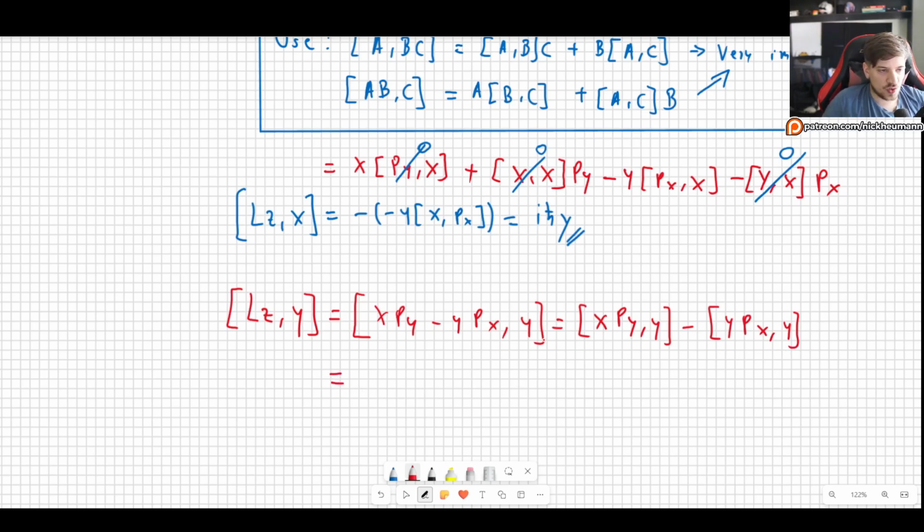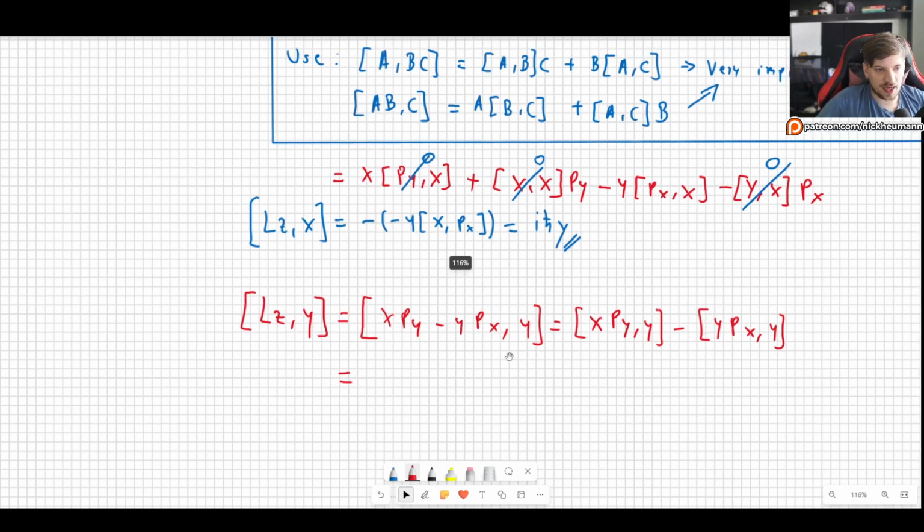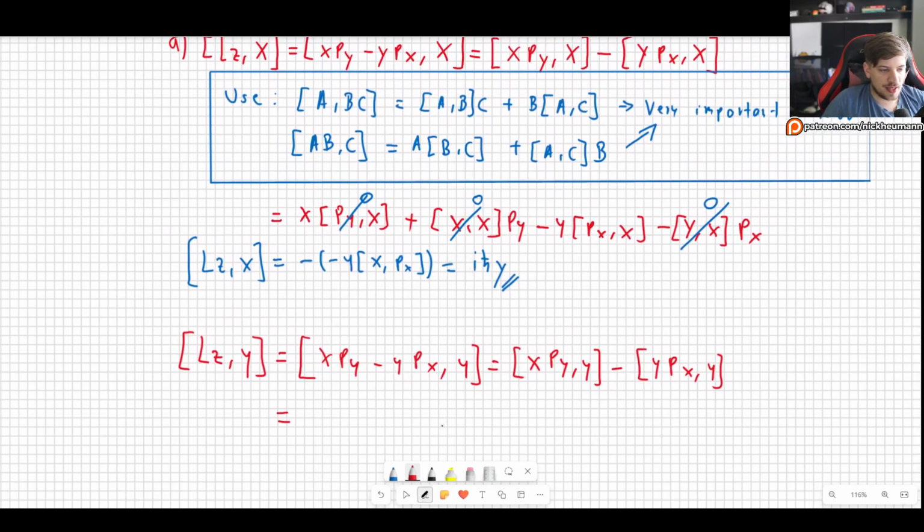Okay, so what do we have here? Let's again use the property that we have up here in blue. The x will go outside, so we get x times the commutator of py and y, and then we have plus, and now we get A and C, so that means x comma y and py. Okay, now for the second one.